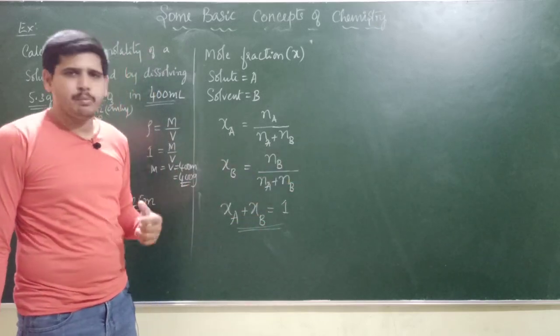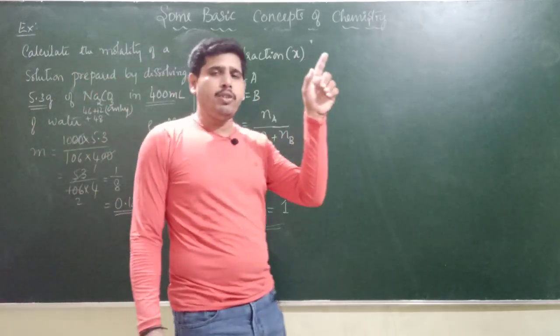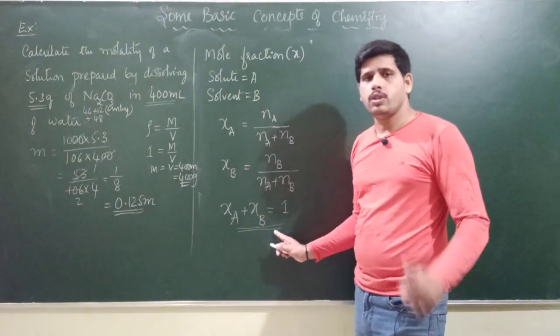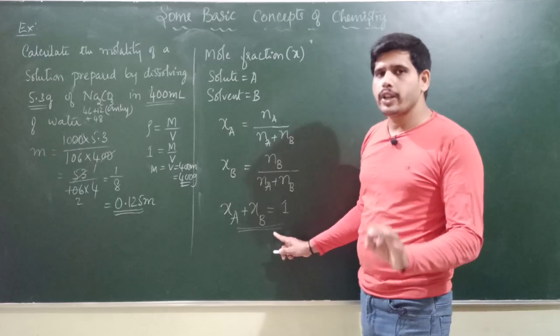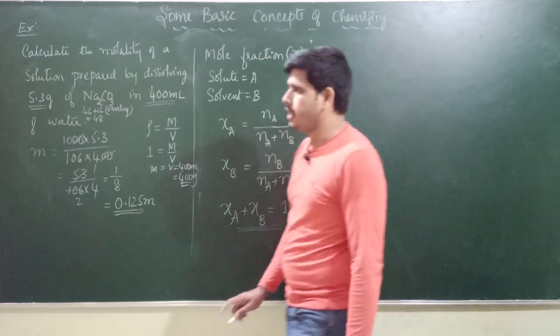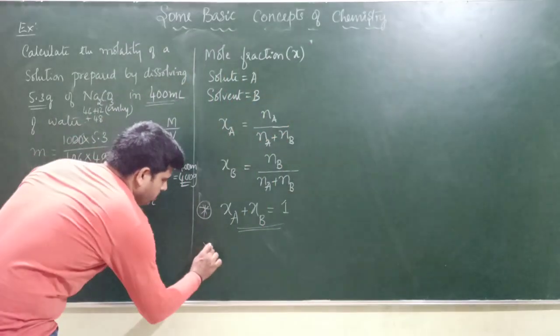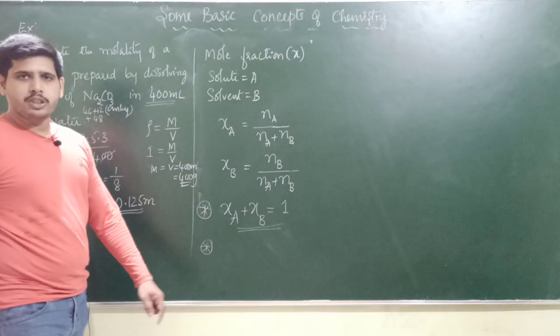So whatever the number of components present in the solution, sum of all the mole fractions is supposed to be equal to 1. Again, one important application point to be remembered. Okay, fine. And one more note to be taken here, star. If I write, it is a note. Okay, one more point to be remembered.